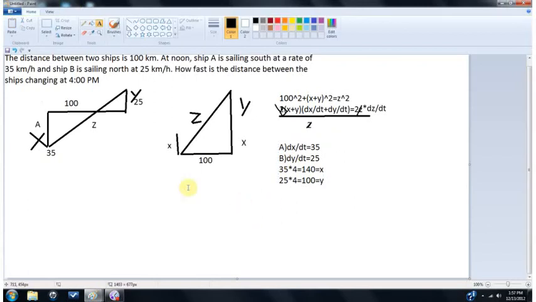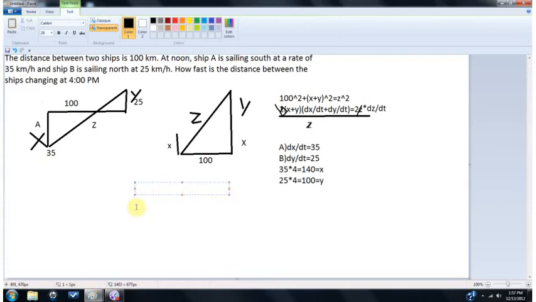So we simply plug it into our new formula. So that gives us 140 plus 100 times 35 plus 25 over the square root of 100 squared plus 140 plus 100 squared.